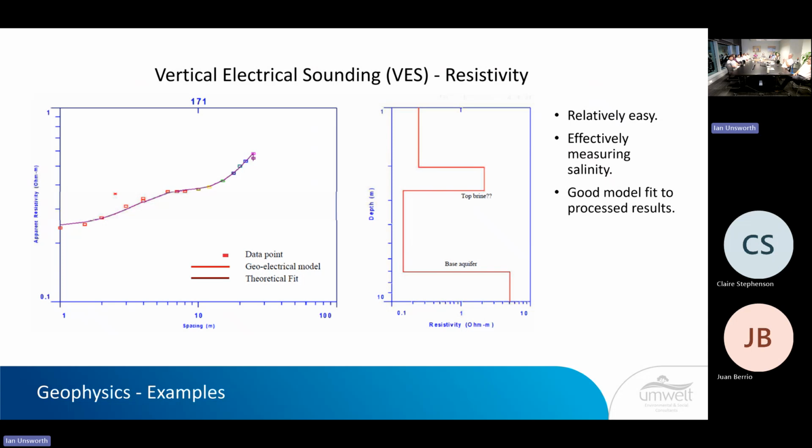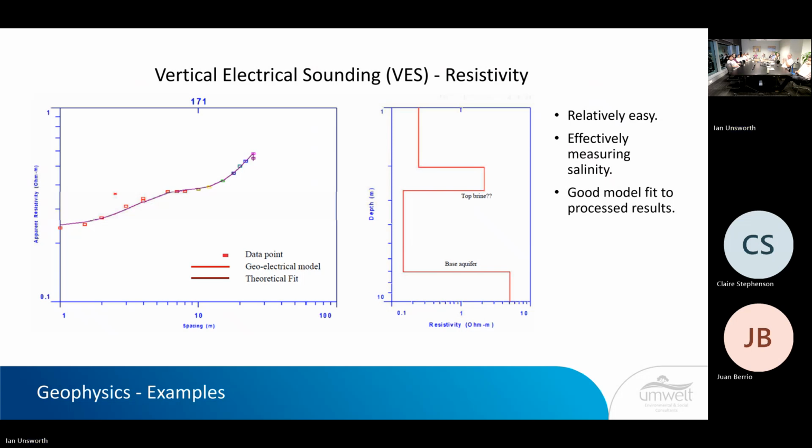That sounding is from the same aquifer. It's an electrical sounding. You can see the base of the aquifer, 7 meters. Pretty good fit for the data. So it does work. It's pretty easy to do, quite cheap. It's probably not defining the top of the brine because it's not very accurate in the first couple of meters.